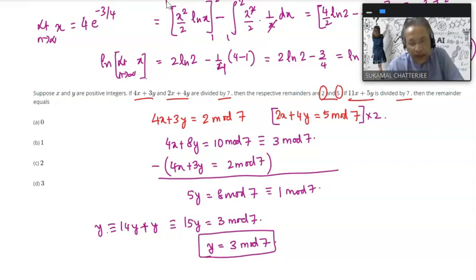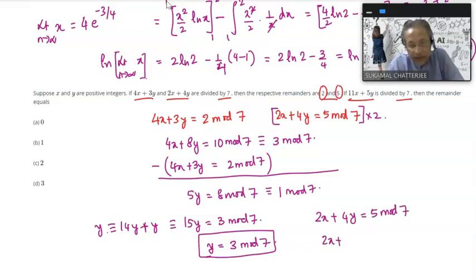Now I can find the value of x by substituting this in any of the equations. We can put it in the second equation. So 2x plus 4y is 5 mod 7.